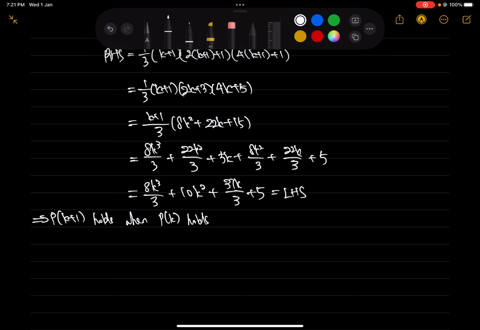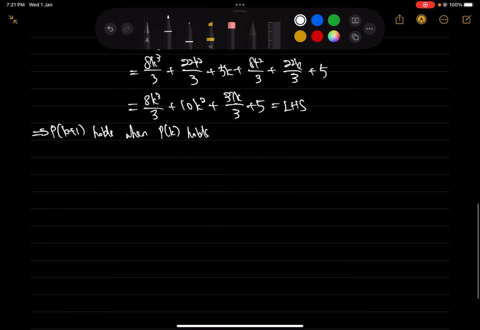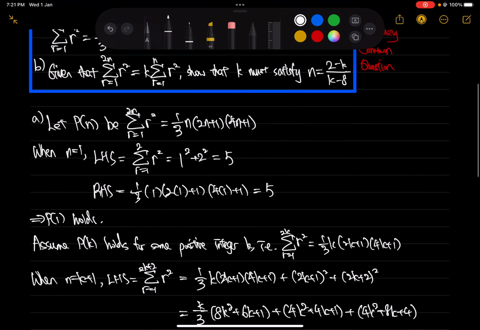Yes, it does sound like a swear word in Cantonese, but I absolutely do not care. Which means Pn holds for all n belonging to the positive integers. And that's it for part A.